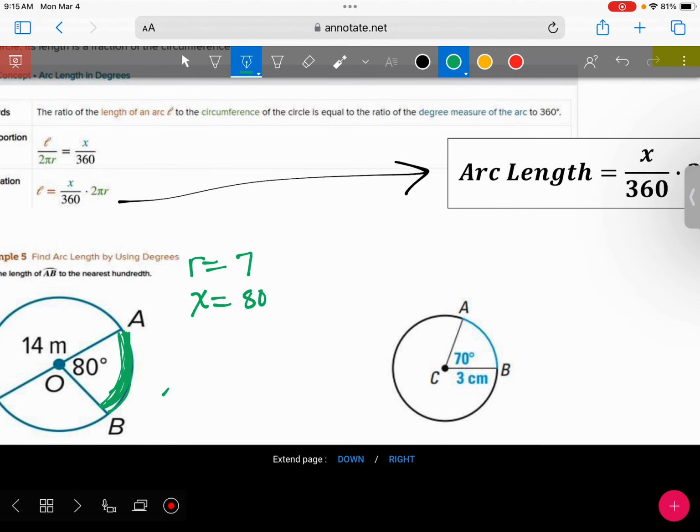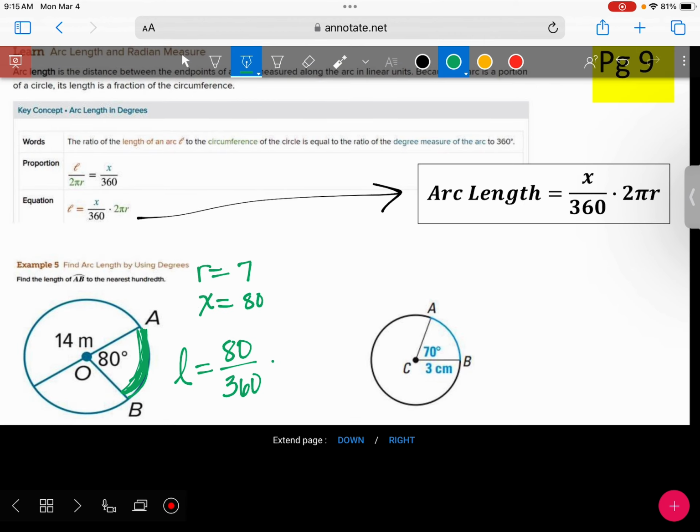So we're just going to use our calculators. So L equals 80 over 360 times 2 pi 7. That's what you're going to type in your calculator, just like that. So you want to hit the fraction key first. 80 over 360.